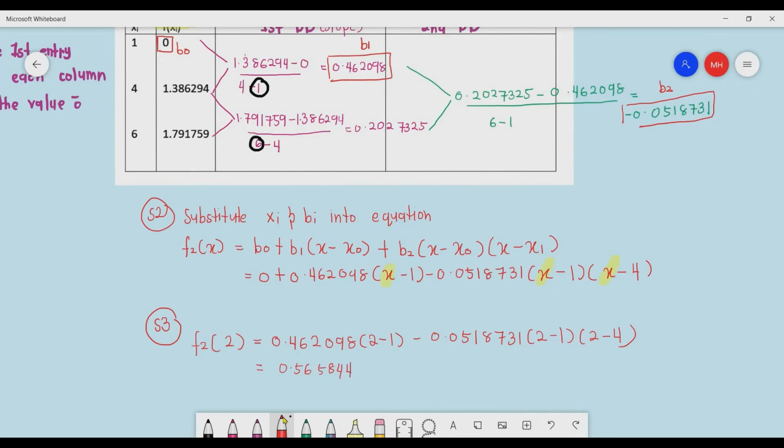So the more decimal places that you take, the more accurate the value will be. So please take as many as you can.